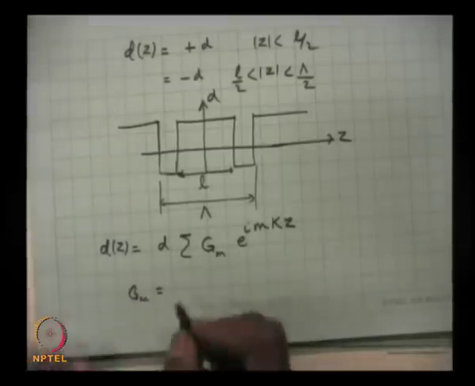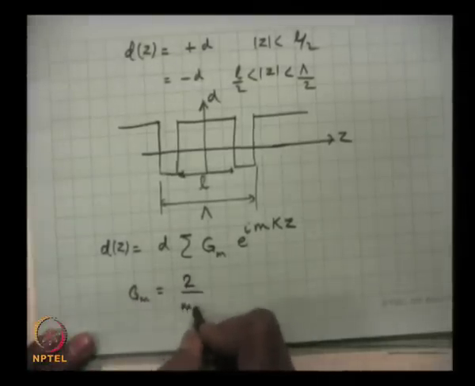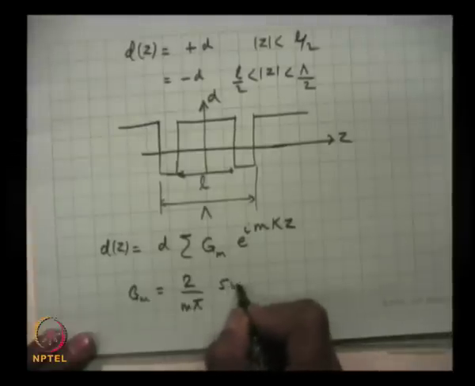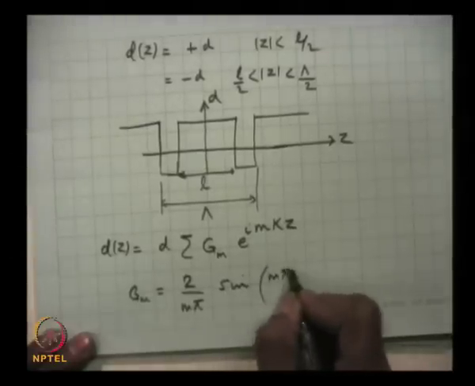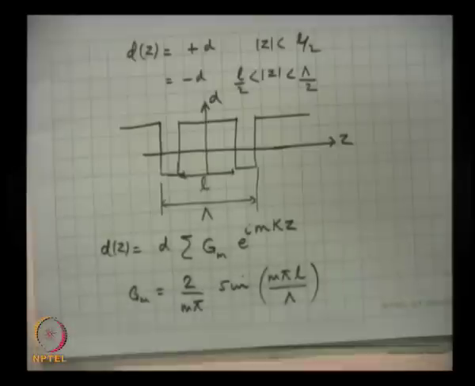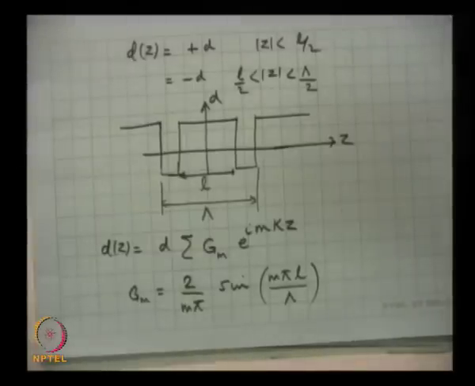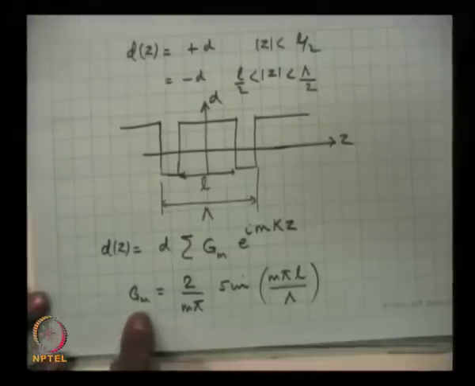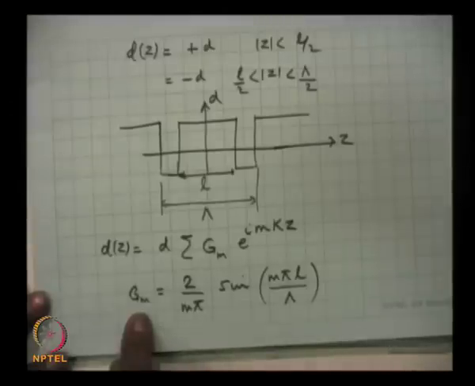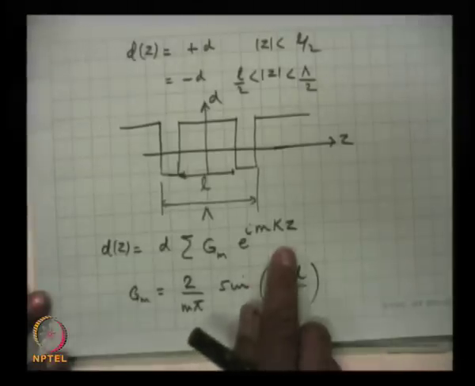So let me give you the expression 2 by m pi. So g_m is the mth Fourier coefficient corresponding to the spatial frequency mk.